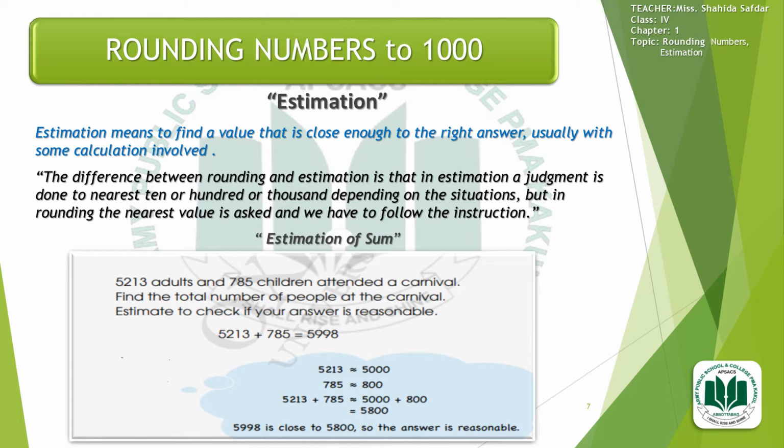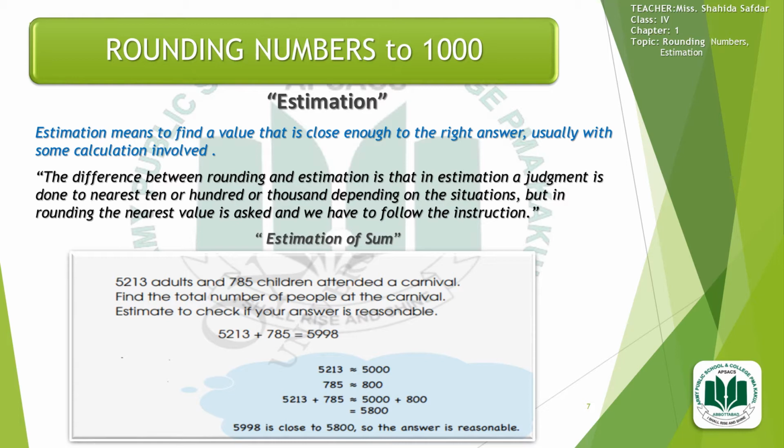Now, what is the difference between rounding and estimation? The difference is that in estimation, a judgment is done to nearest 10 or 100 or 1000 depending on the situation, but in rounding, the nearest value is asked and we have to follow the instructions.